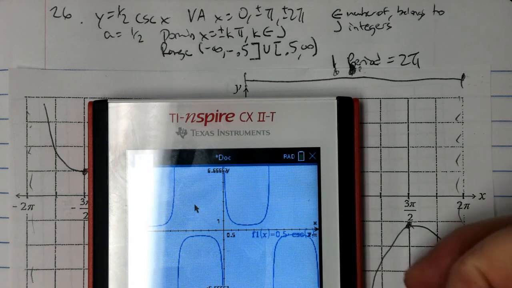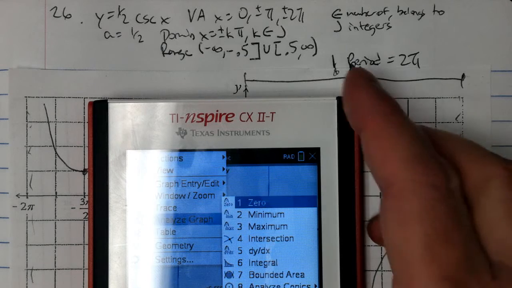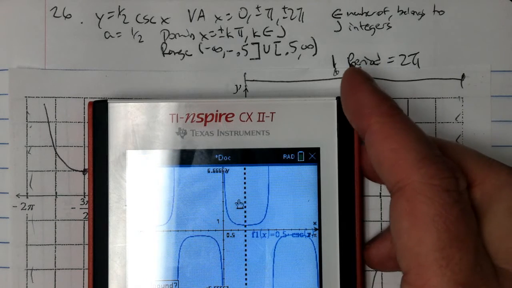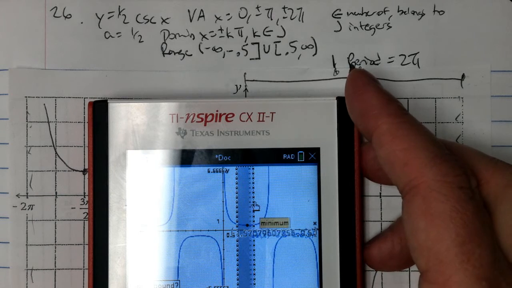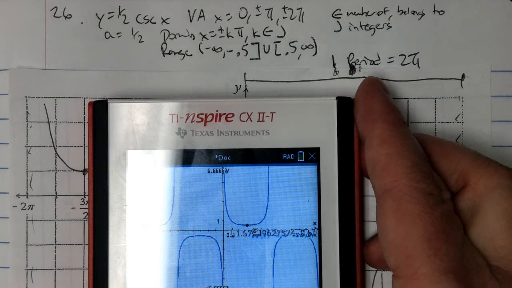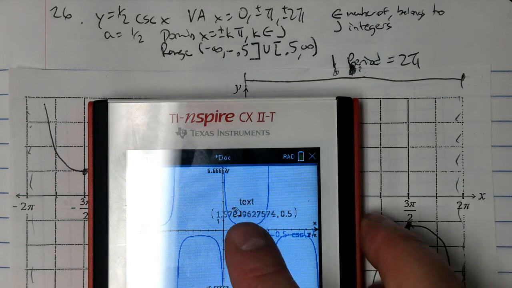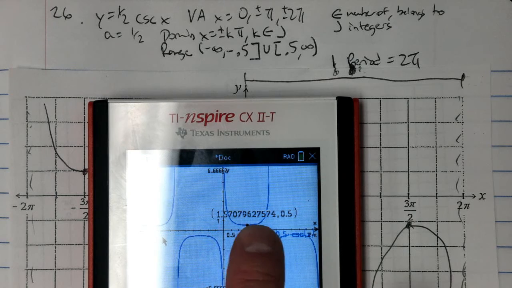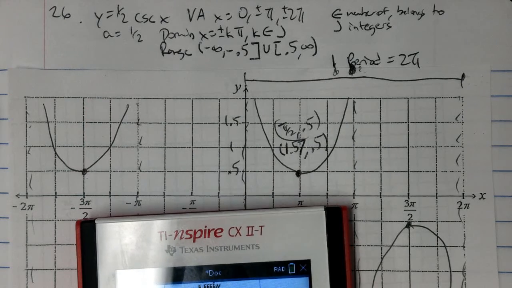Okay, that's just common sense, but anyway. Analyze graph, go to minimum, and it's a minimum between here and here, which shows you this ordered pair I was talking about. We show a lot of decimal places on our graph, so that's the 1.57 with a bunch of other stuff, which is equivalent to pi halves.